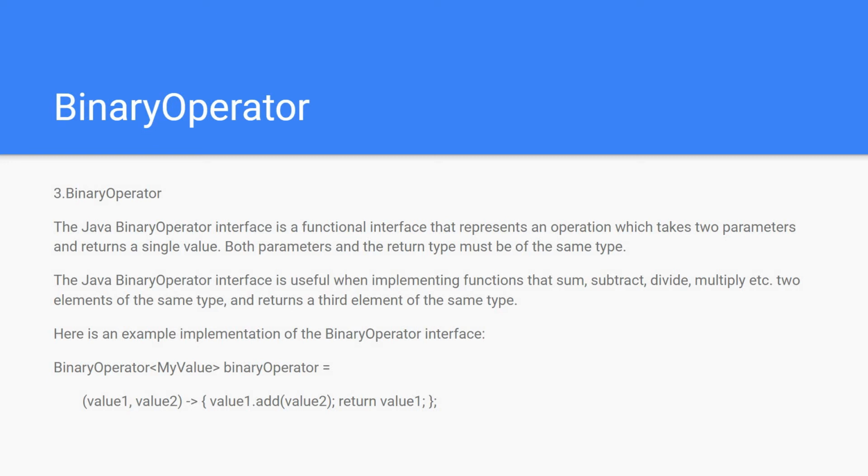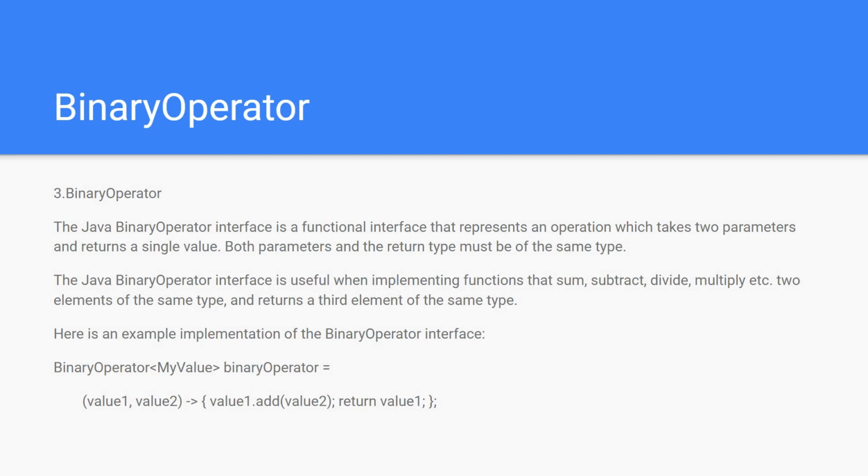BinaryOperator. The Java BinaryOperator interface is a functional interface that represents an operation which takes two parameters and returns a single value. Both parameters and the return type must be of the same type. The Java BinaryOperator interface is useful when implementing functions that sum, subtract, divide, multiply, etc. two elements of the same type and return a third element of the same type.